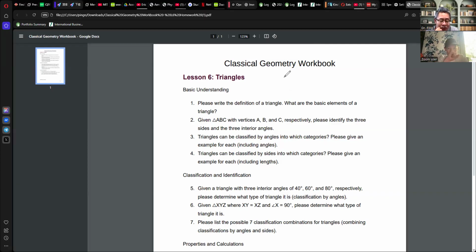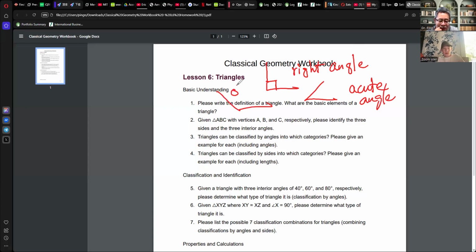Remember when we talked about angles, what kind of angle we have? First of all, we have 90 degrees. What angle is that? A right angle. Now, what happens if it's less than 90? Then it's acute. And if it's bigger than 90, it's obtuse.